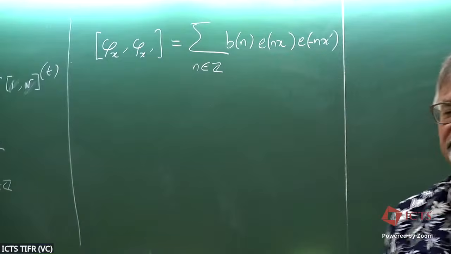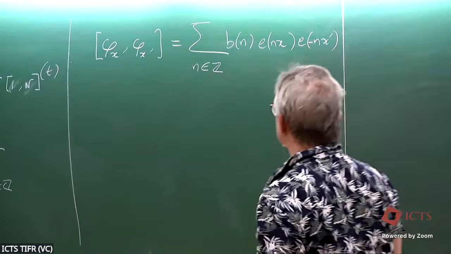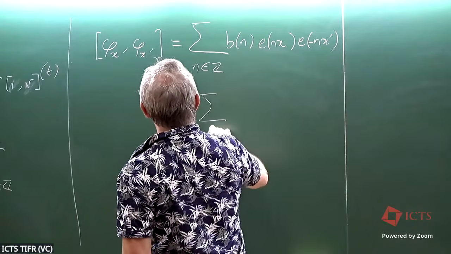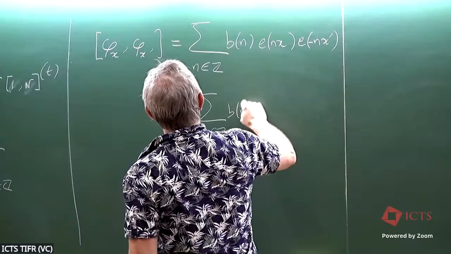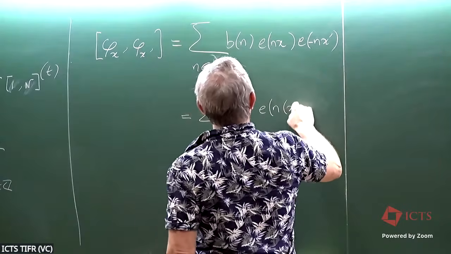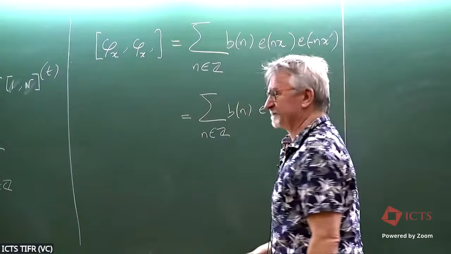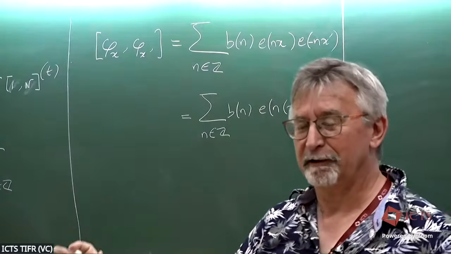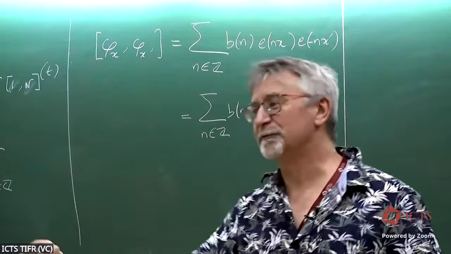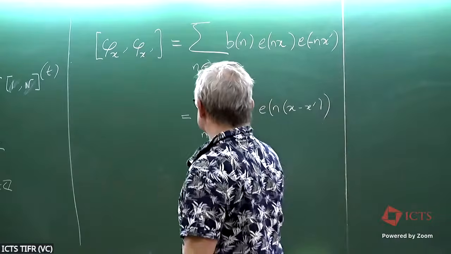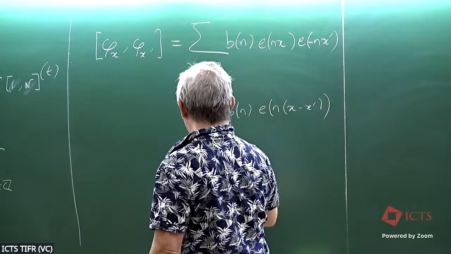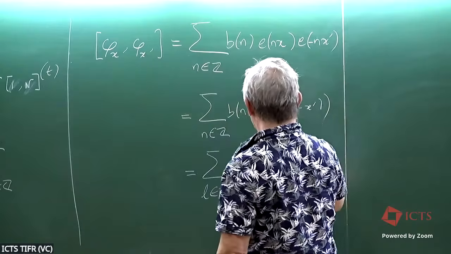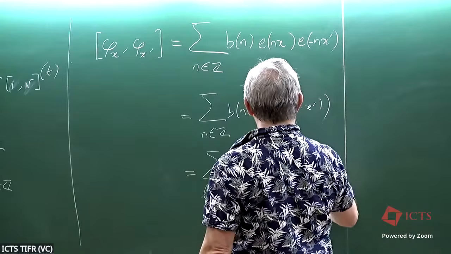If x is different from x prime, you should be able to give me the value. It is equal to the sum for n in Z of b_n e_n(x minus x prime). And you know everything about the Poisson summation formula. Or at least at the end of this week, you should know everything about it. This one is a sum for L belonging to Z of b hat of L plus x minus x prime.